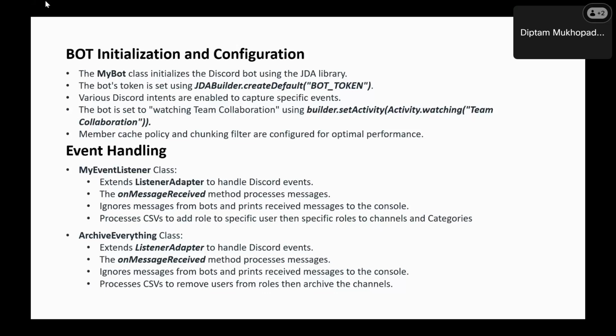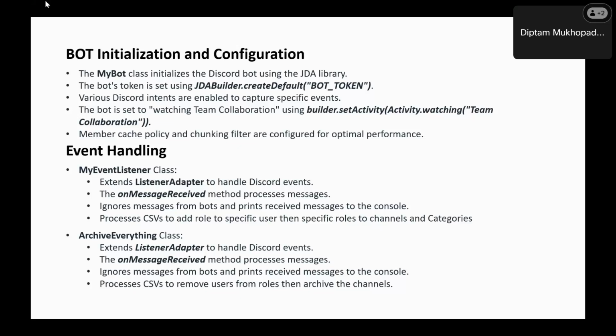Under the ListenerAdapter and under the MyEventListener class, we'll have the onMessageReceived method, which will allow us to parse messages. We'll ignore messages from the bot and we'll print the received message in the console for debugging purposes. Then we'll start with the CSV parsing and we'll add roles to specific users and specific roles to channels and categories.